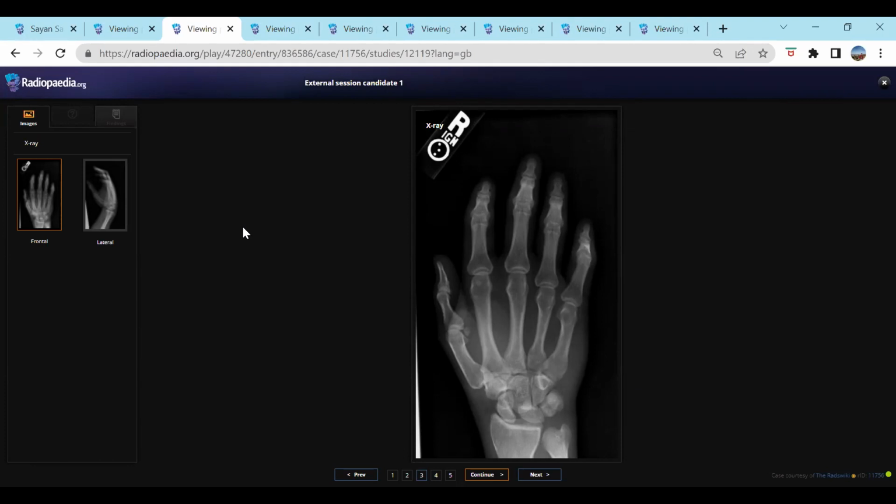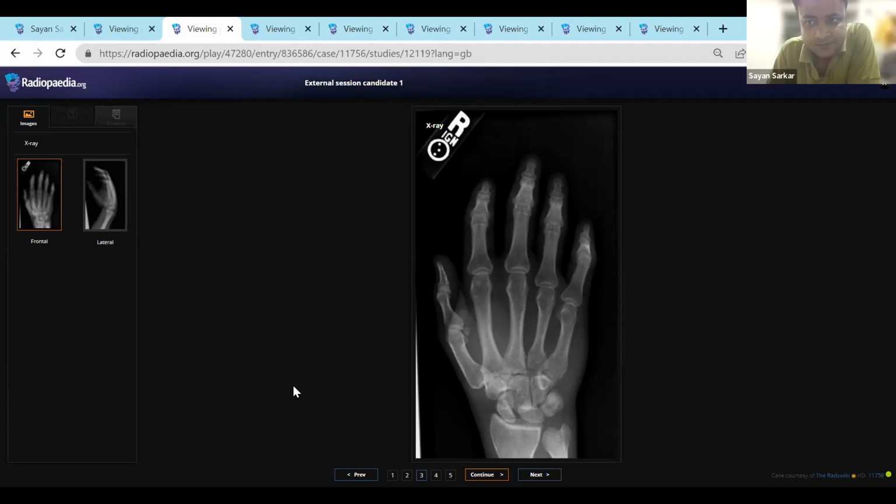There is a slight gap because of that. The inferior carpal arc is okay, but in the upper part, I think there's a slight increased overlap between the lunate and triquetrum. The distal arc slightly looks disturbed to me in this projection.